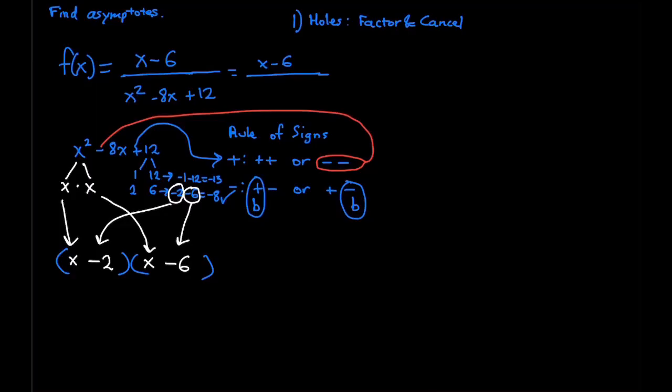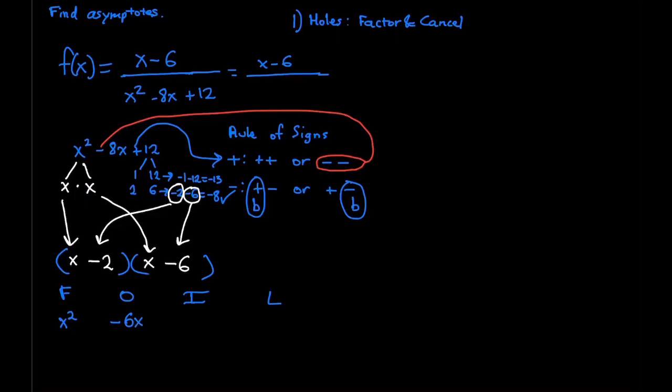If you want to check it, you can FOIL it back. It can take more time, but it's a way to make sure that you factored it correctly. So if you take only the first terms, which are the x and the other x, and multiply them together, you got x squared. If you take the outer terms, which is this x and this -6, multiply them together, you got -6x.